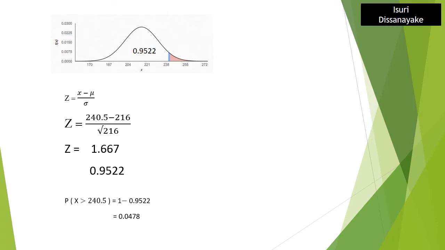So we are going to subtract it from 1, because the area under the curve is 1. Total probability is 1. 1 minus 0.9522 is 0.0478. So the probability of x being greater than 240.5 is 0.0478, which is shaded in red.